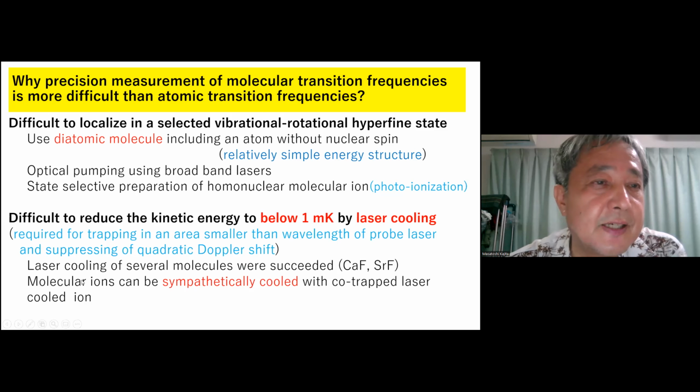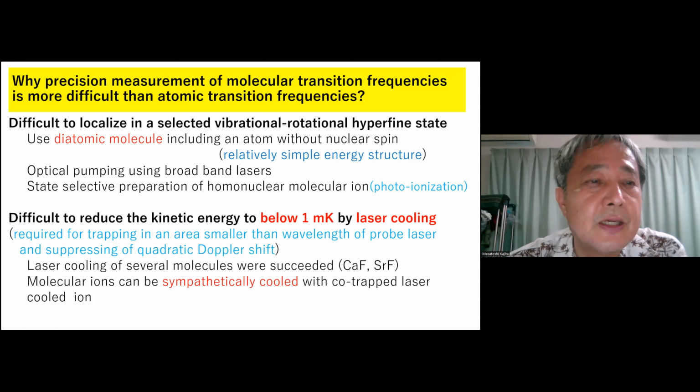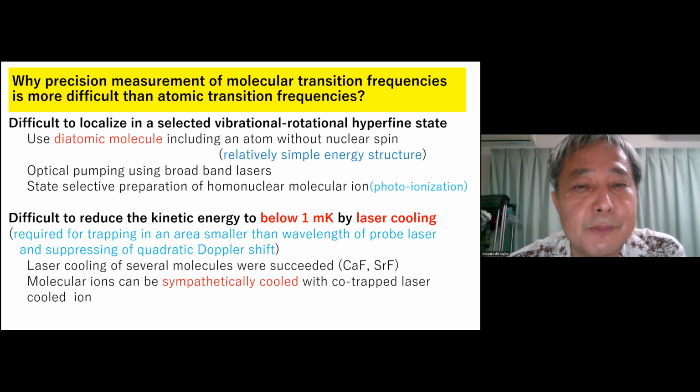To overcome this difficulty, I propose to use diatomic molecules, and it is preferable that at least one atom has 0 nuclear spin. Then the energy structure is relatively simple, and optical pumping to a selected state is possible using broadband lasers. And for molecular ions, we can prepare a state-selective preparation by photoionization.